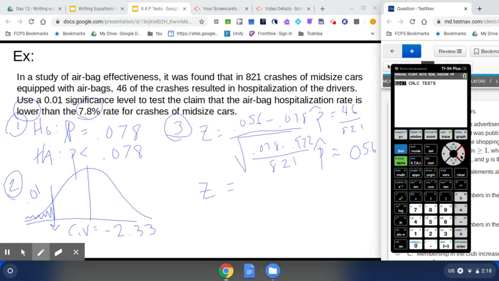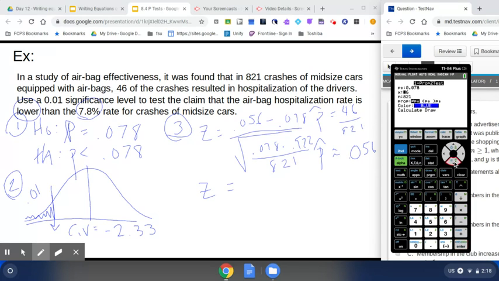The calculator function for this one, if we go to stat and over to tests, it is option number 5, one prop z-test or one proportion z-test. Go ahead and enter that. Our null hypothesis is 0.078. Our number of successes, X, in this case, the number of people who required hospitalization, was 46. The N is 821, so that's the sample size.